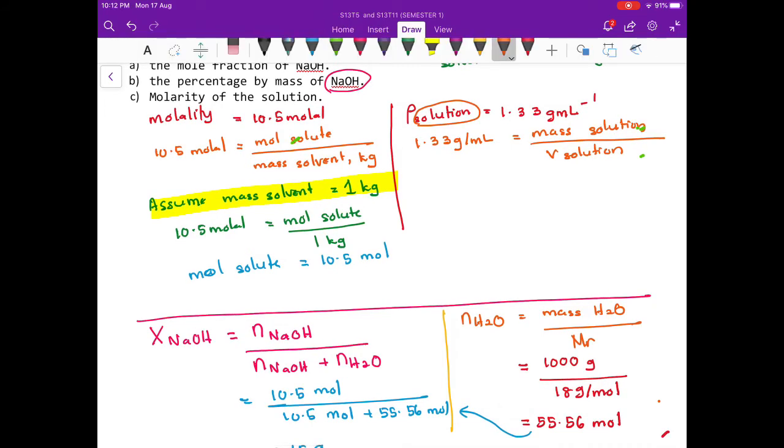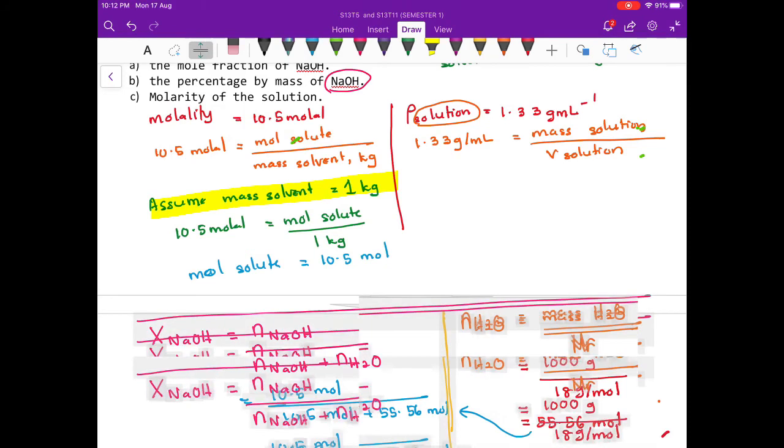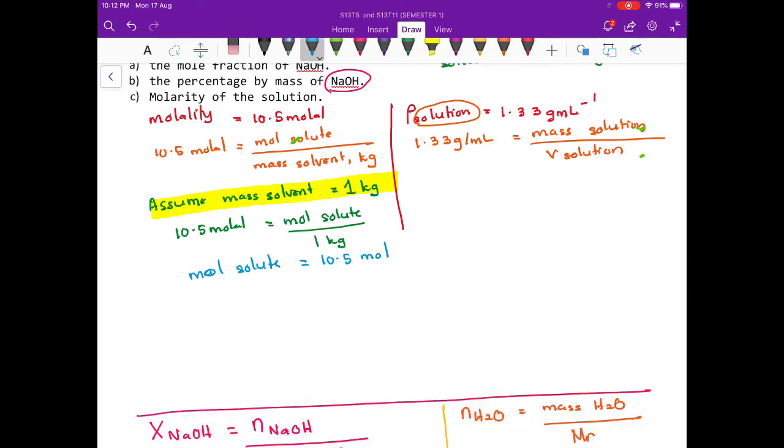Yes. From the number of mole, we can work it out. Let's interpret this formula. Mole solute, which is NaOH, is equal to mass over molar mass. Do you have the number of mole? 10.5 mole is equal to mass over the molar mass. What is the molar mass for sodium hydroxide? 40.